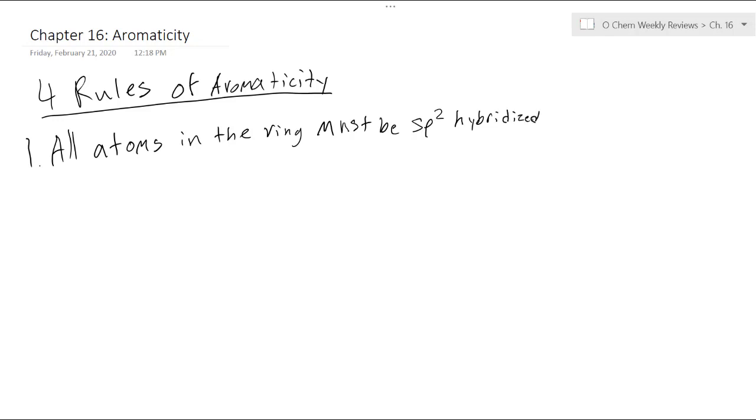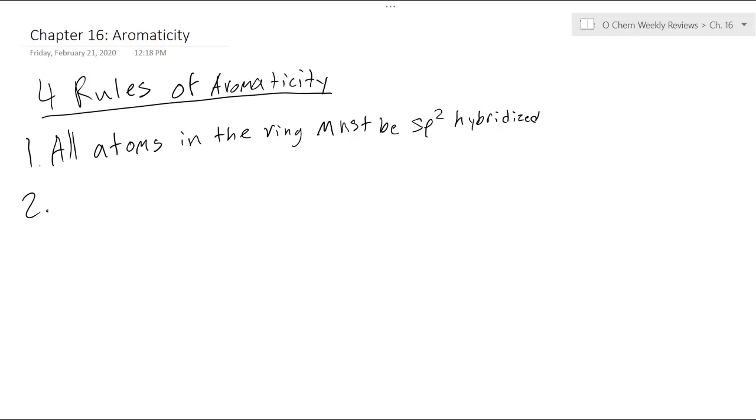Now notice I didn't say all carbons, which means we could have oxygen, nitrogen, sulfur as well in the ring instead of just carbon to carbon bonded rings. Now sp2, they all have to be sp2. We'll talk about what it means to be sp2 or how to find sp2 hybridization once we do examples.